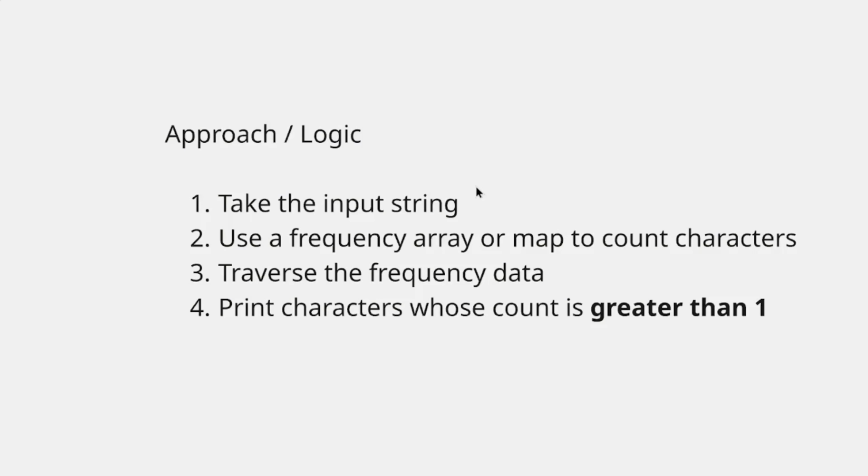In step 2, traverse the string character by character. For each character, find its ASCII value and increase the count at that index. In step 3, traverse the frequency array. If any character count is greater than 1, print the character and its frequency. So simple logic.